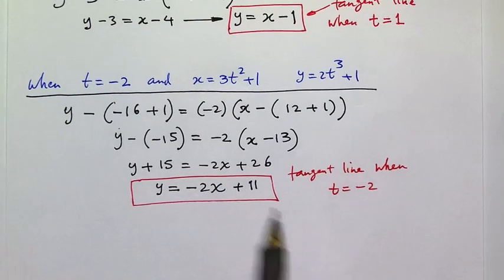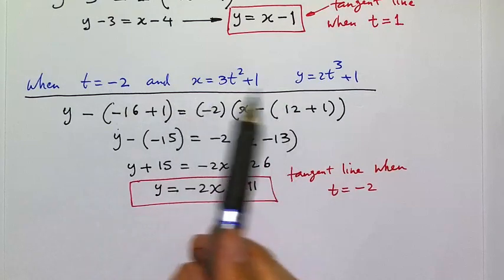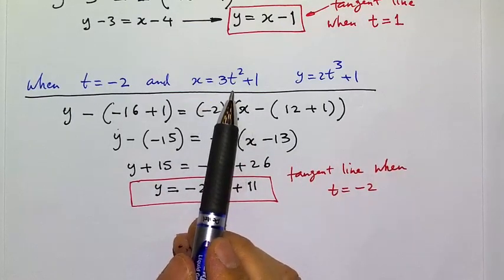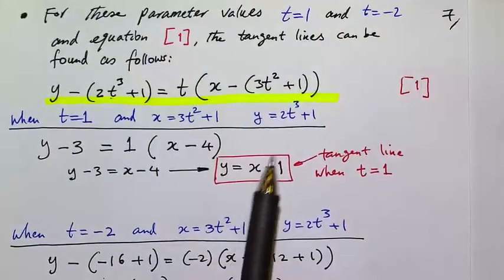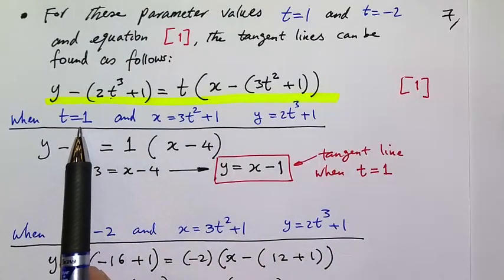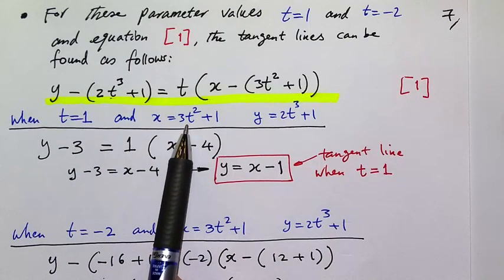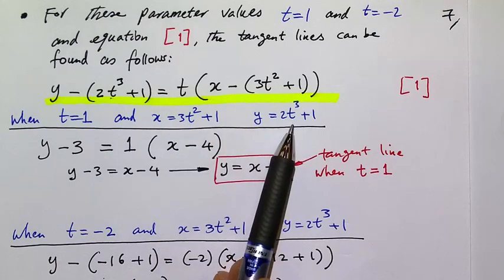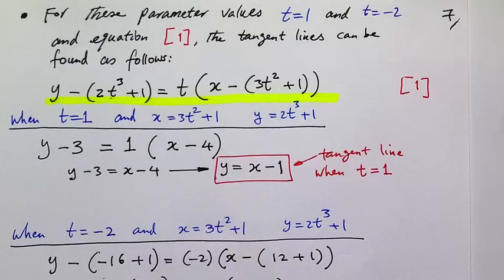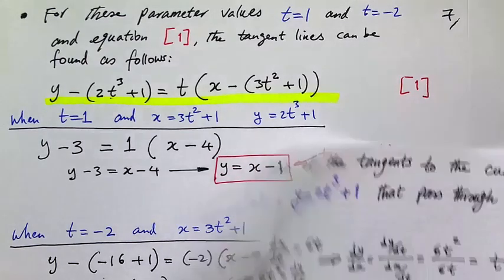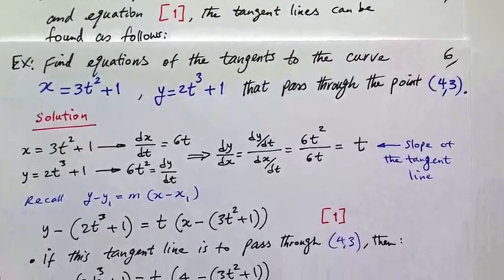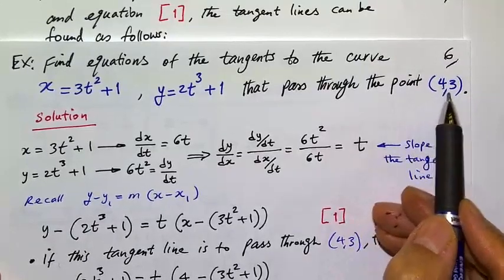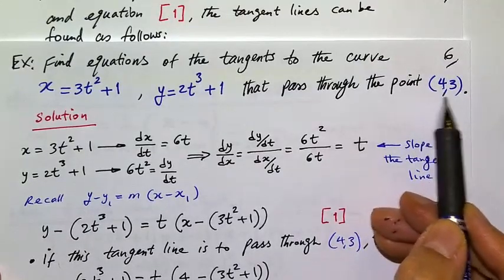So if we calculate each of these equations, by the way, when this parameter equals minus 2, what do we get for that? Notice that if we substitute t equals 1 in each of these, what do we get for x? We get 3 plus 1, 4, and we get 3 here. So the point 4 comma 3, which we were given at the beginning: one of the tangent lines, when t equals 1, passes through this point.